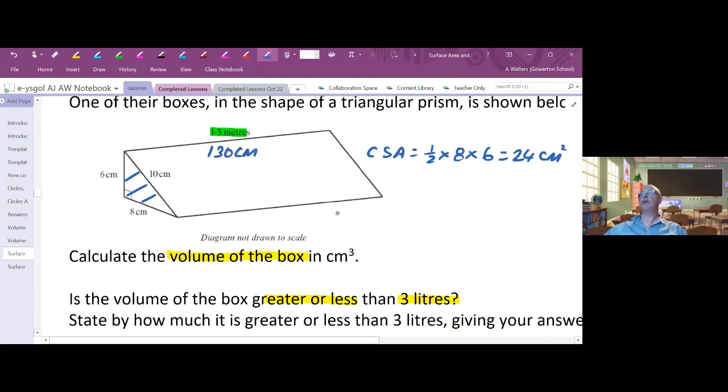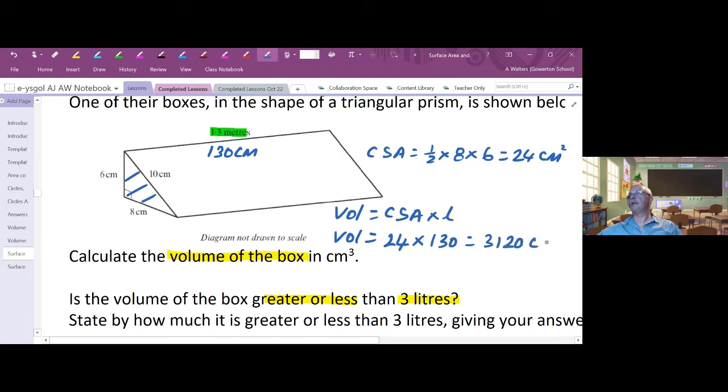Okay, so when you come and work out the volume, which is the cross-sectional area times the length back, cross-sectional area is 24 centimeters squared, and the length back is not 1.3, it's 130. So when you tap that out on a calculator, you get 3120 centimeters cubed.